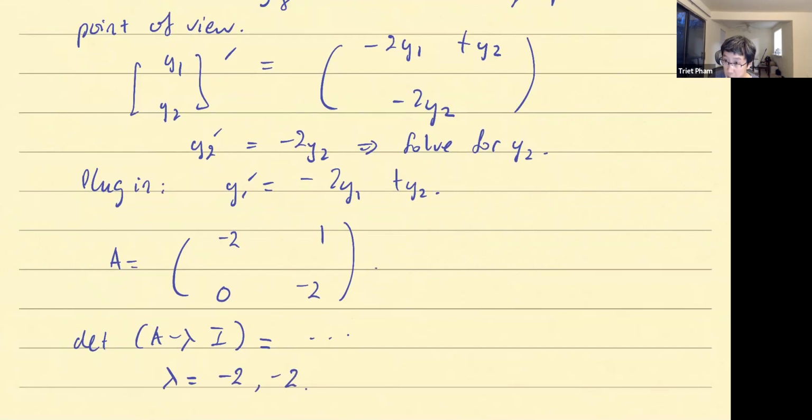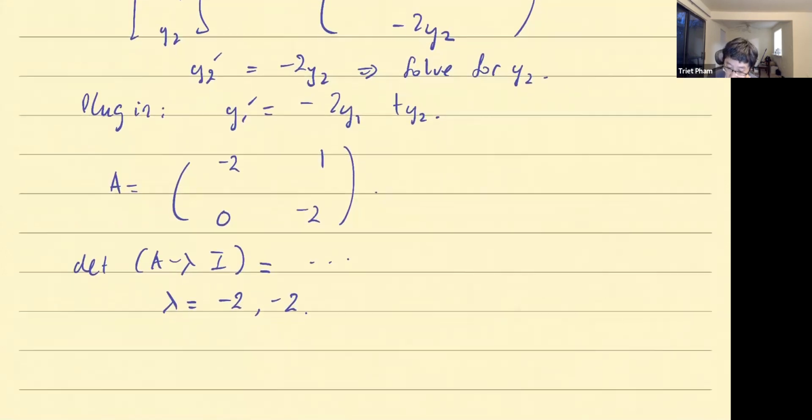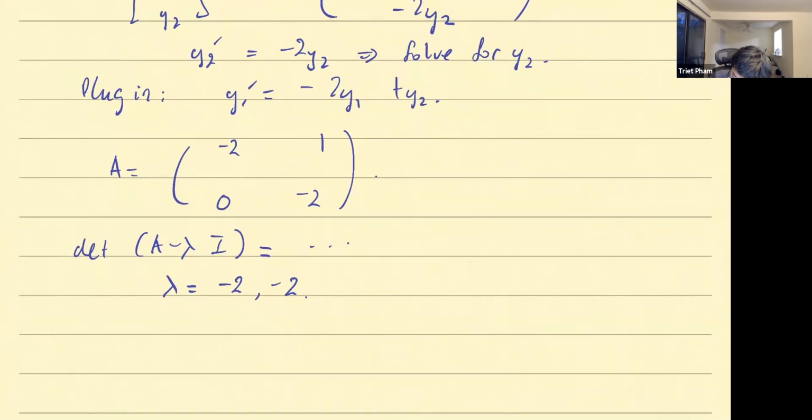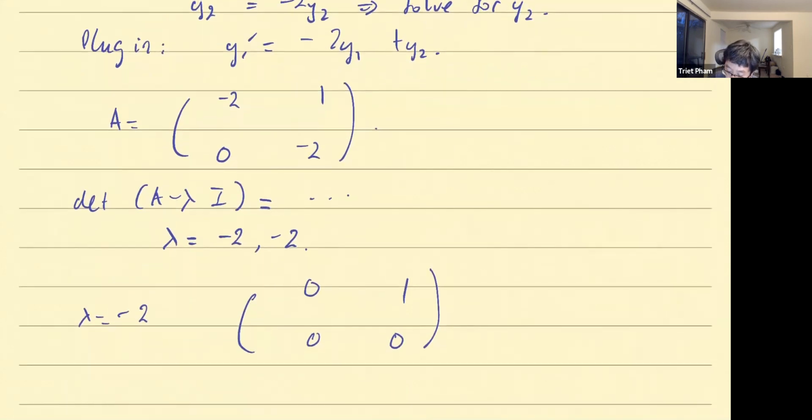That's a repeated eigenvalue case. If you plug in lambda equals -2, we get [0, 1; 0, 0]. So in this case, you only have one eigenvector.